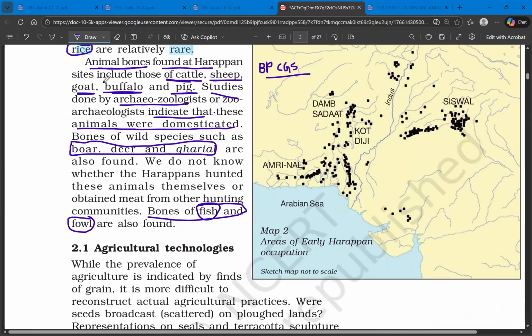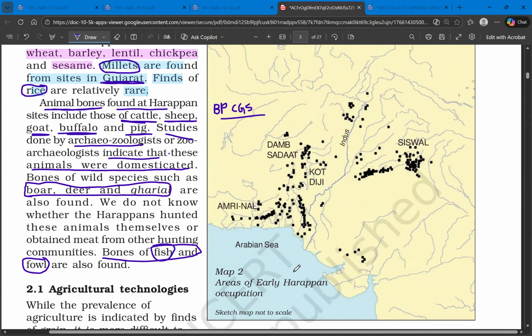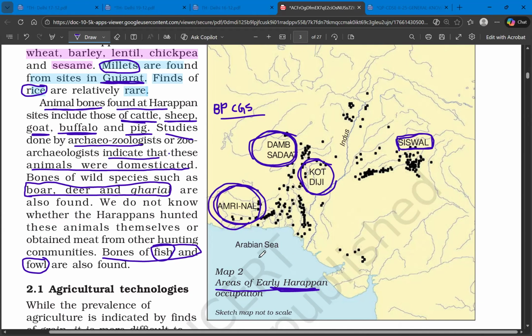agricultural technologies. In the map they have shown some areas of early Harappan occupation. Siswal is in India, while Kot Diji is in present-day Pakistan, and Dam Sadat is also in Pakistan, and also Amri.